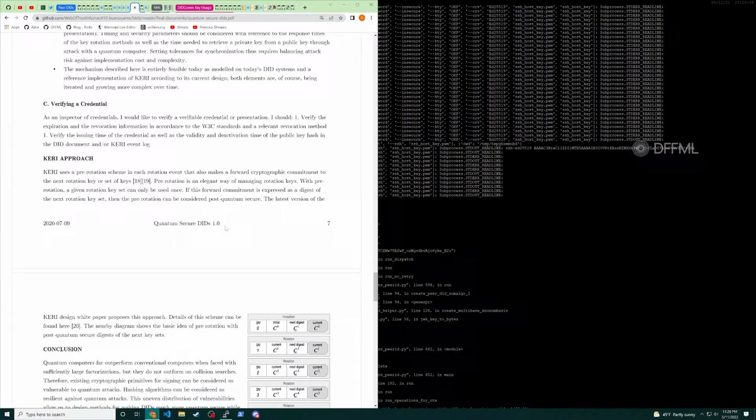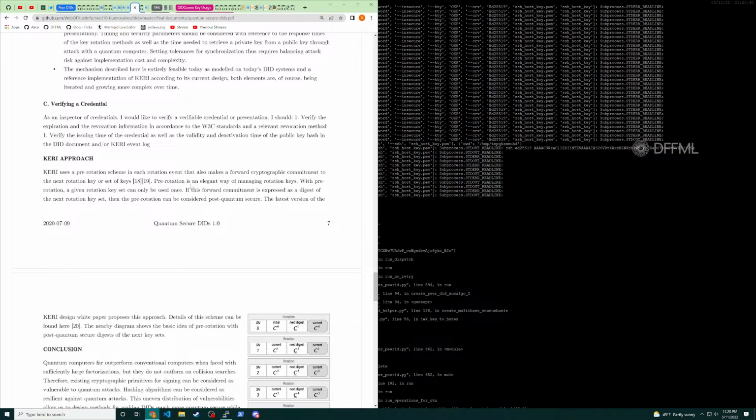KERI approach. This uses a pre-rotation scheme. Each rotation event makes a forward cryptographic commitment to the next rotation key or set of keys. Pre-rotation is an elegant way of managing rotation keys. With pre-rotation, a given rotation key can only be used once.